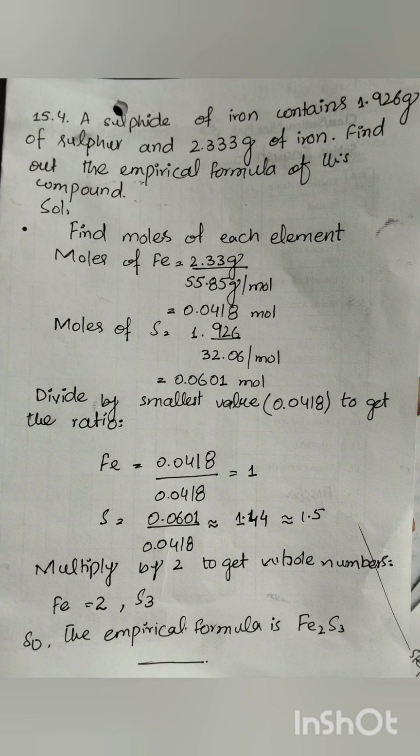Fourth numerical, which is: a sulfide of iron contains 1.926 gram of sulfur and 2.33 gram of iron. Find out the empirical formula of this compound. So in this numerical we will find our empirical formula. In the first step, we will find moles of each element.